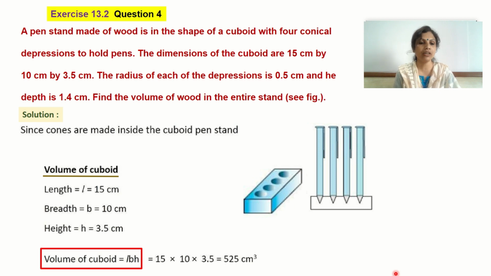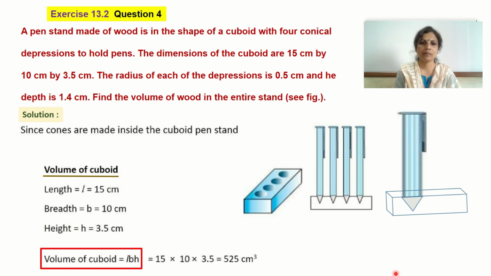So let's draw the figure first. We have a wooden stand and a conical depression like this into the stand, and a pen is fixed into that. We are given that the radius of the depression is 0.5 centimeter, and the depth of the depression is 1.4 centimeter.